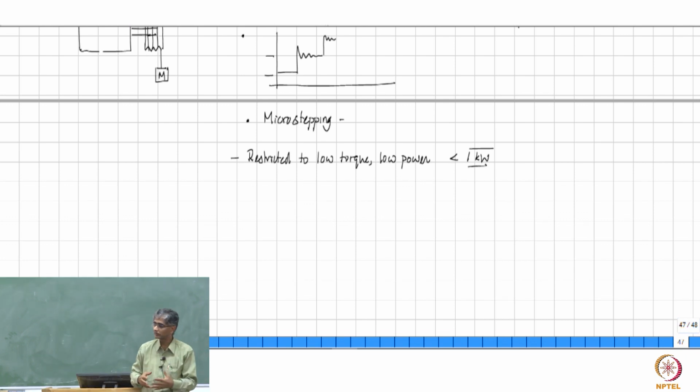Which are the considerations you'll have to look at when you want to say that I have this particular application in mind. How do you then decide whether you will choose a DC motor or an induction motor or a synchronous motor, BLDC, stepper motor? What will you select, right? So which are the considerations? So that also we have looked at, and some information on the high frequency operation.